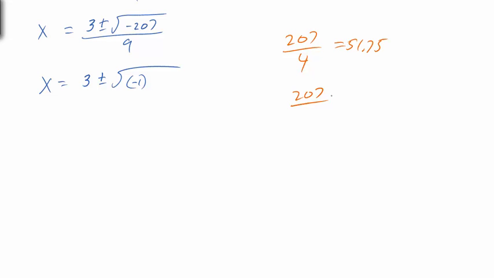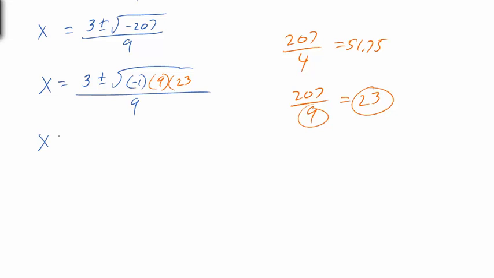So 207 divided by 9 equals 23. So that tells us that 9 times 23 is 207. So we could break 207 down to 9 times 23.